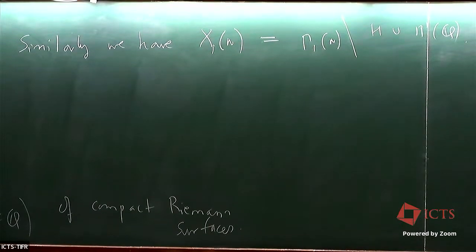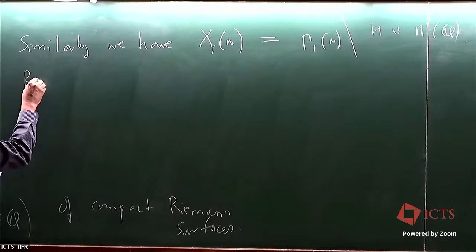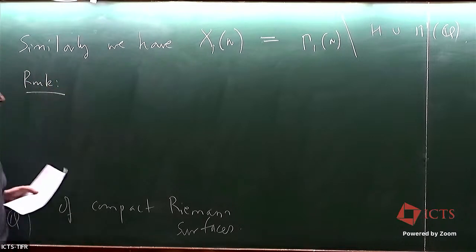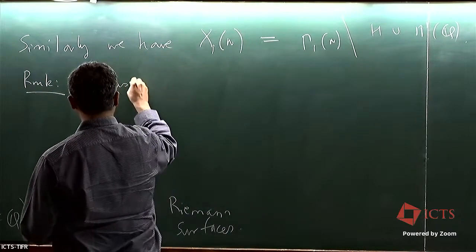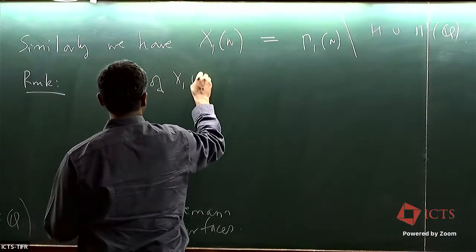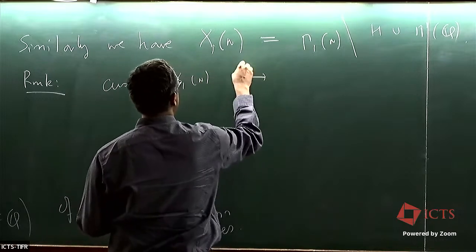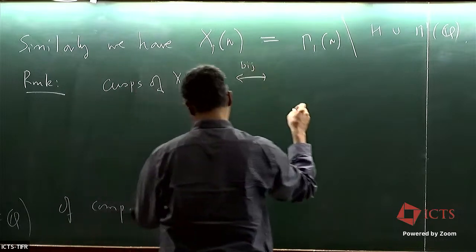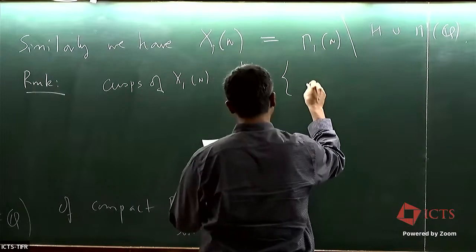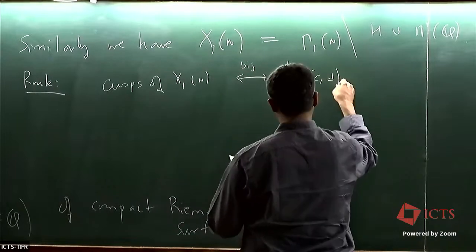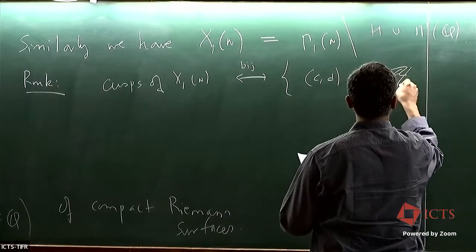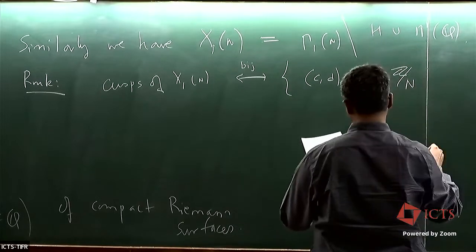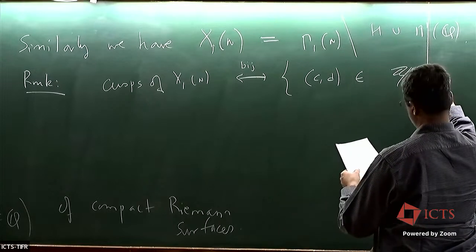And I think I'm going to need this formula. So the claim is that the cusps of X_1(N) are in bijective correspondence with the following set. So this is, I think, just making what Jan said a bit more explicit, computing what Jan said.